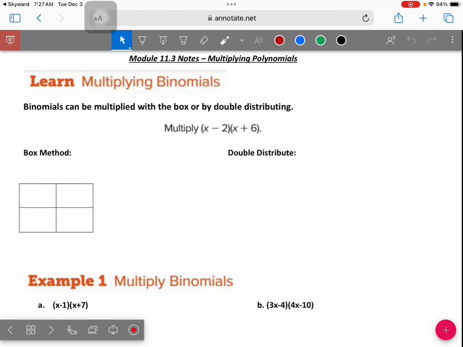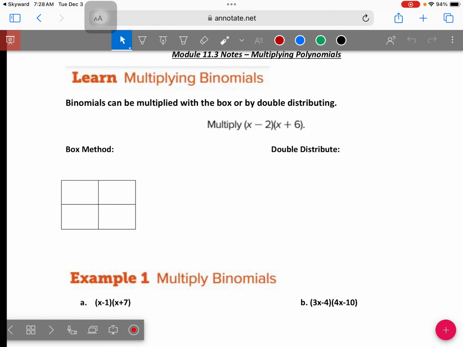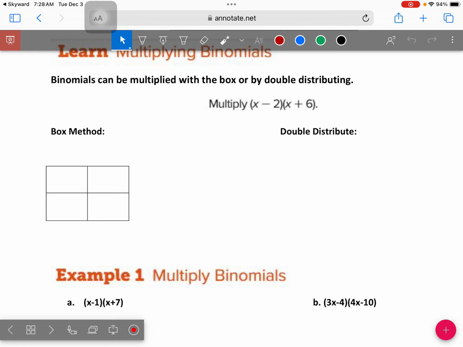What's a binomial? Yeah, it's a polynomial with two terms, okay? So we are multiplying two-term polynomials by two-term polynomials. So here's an example. They can be multiplied with the box or by using the double distributing method, all right?